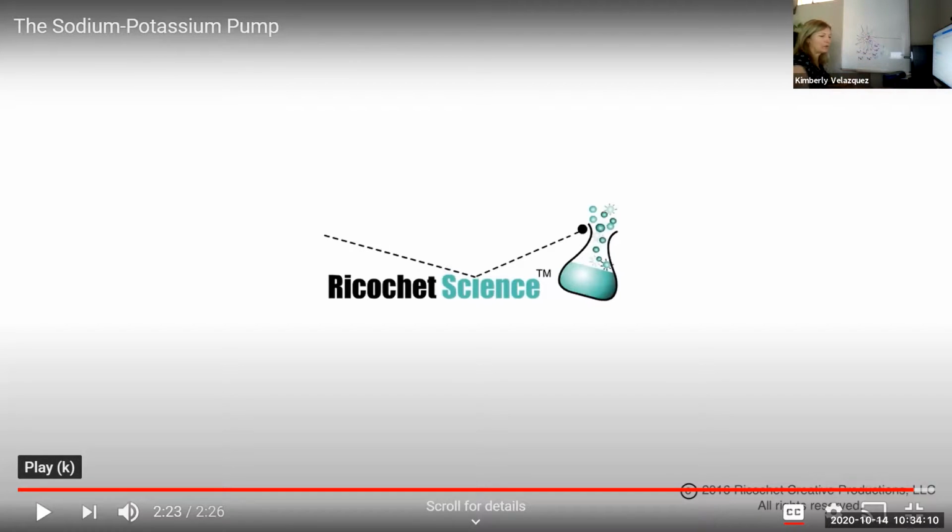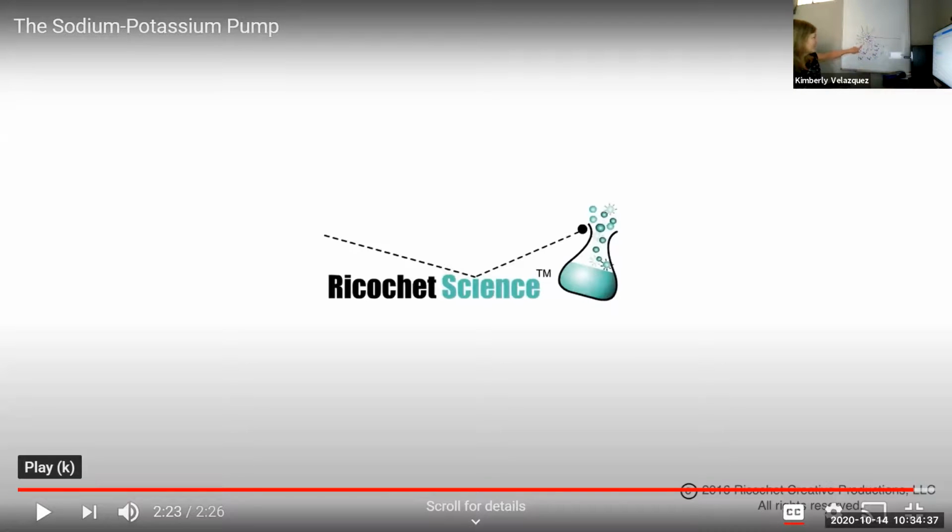Okay, so if we were to look on both sides of the membrane, right along the membrane here, we see on this side, it's more negative relative to outside, where it's more positive because of all these sodiums we've pumped out. So even though we do have some positive ions still in here, it's more positive outside compared to inside.